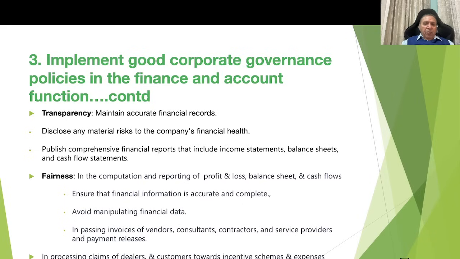In the computation and reporting of the profit and loss, balance sheet and cash flows, it must ensure that financial information is accurate and complete, avoid any manipulation of the financial data in passing of the vendors, consultant, contractors and service providers and payment releases, and in processing of the claims of the dealers and customers towards incentive schemes and expenses, etc. So these are the pillars that the F&A team must ensure are implemented.